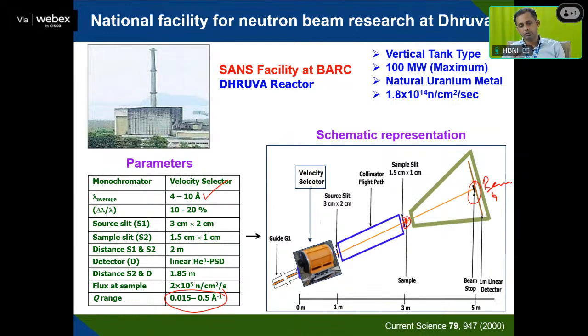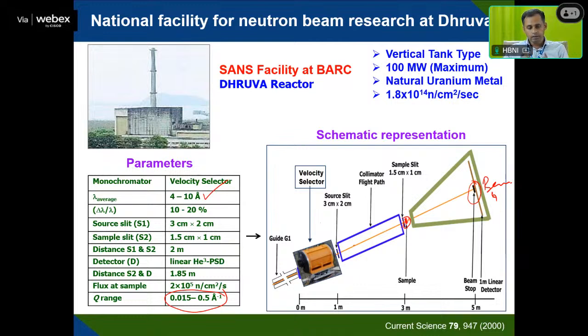Then neutron diffraction, which we can employ to get information about both nuclear as well as magnetic structure. In addition, we saw how scattering techniques, especially small angle X-ray scattering or small angle neutron scattering, can be used to identify the shape, size, as well as structure, and the surface characteristics of a material.